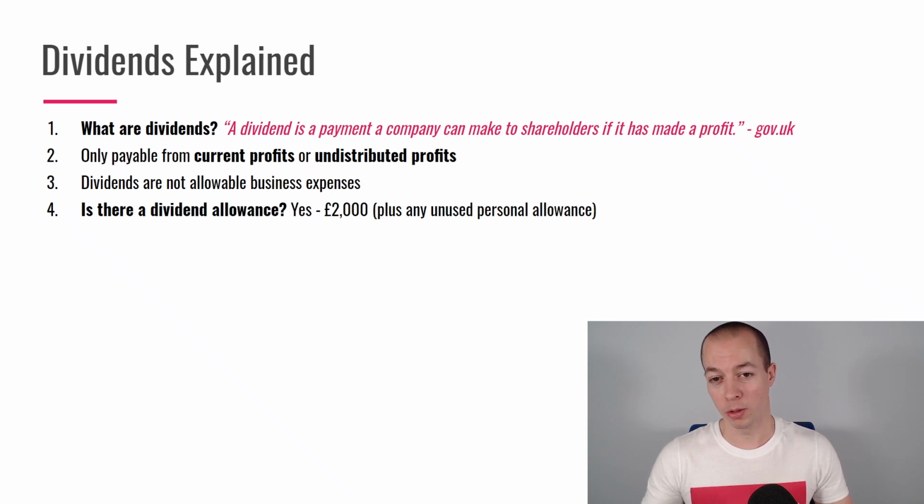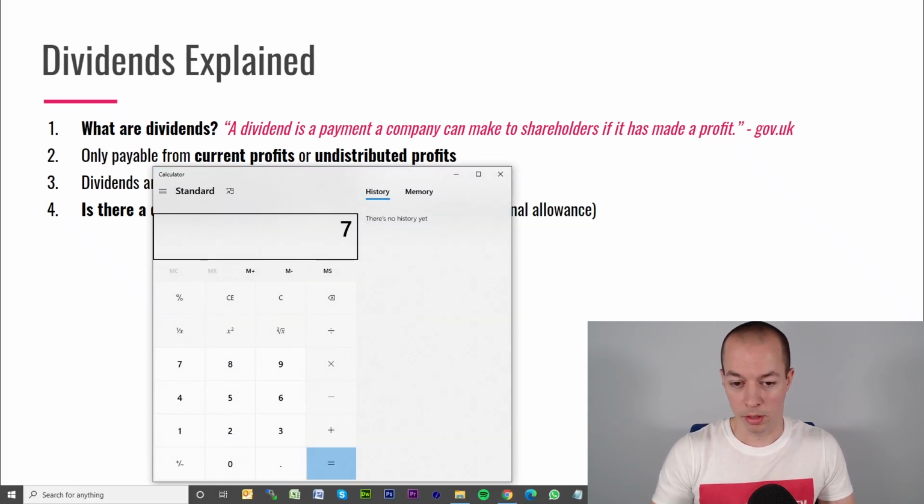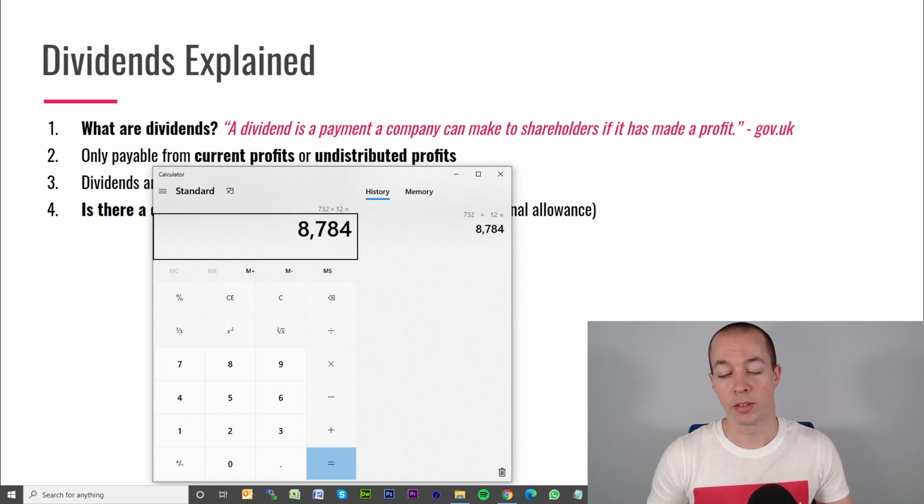So if you are paying yourself a basic director salary, for example, I pay myself £732 per month under PAYE as a director salary. So if we do that over the year, 732 times 12, I pay myself a total of £8,784 as a salary.